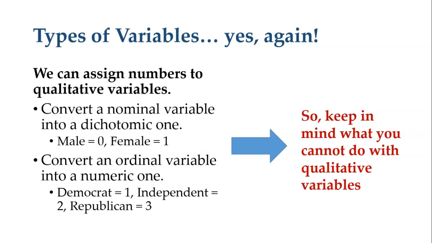Even if you assign numbers to these variables, you cannot estimate means, standard deviations, and other measures of central tendency or variability with these variables because they are qualitative variables, right?